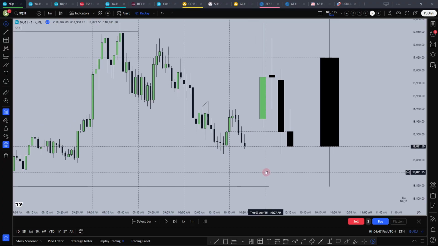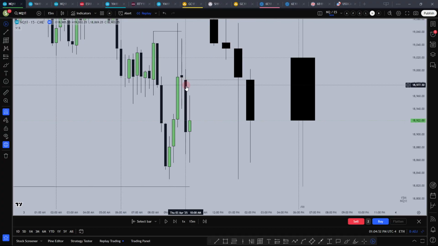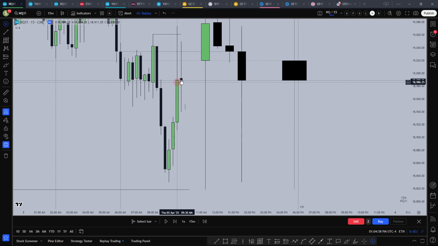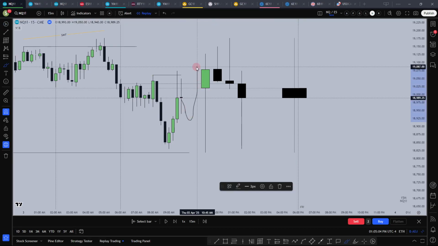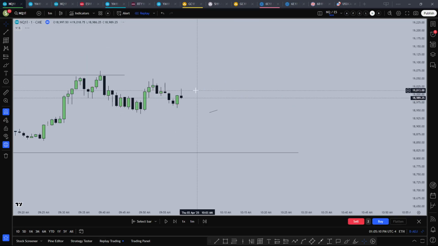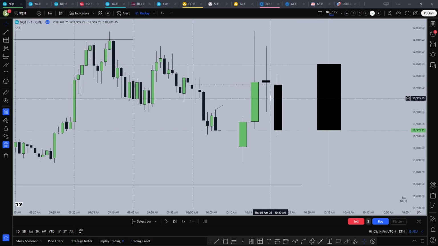I didn't take it because I wasn't convinced just based on the M15 structure that 10 a.m. should immediately move away. Before 10 a.m., price wasn't even moving much away from it. So I was thinking it could form bullish as well if it wants to. I was preferring bearish, but NQ wasn't showing me any displacement on the M15. So maybe that was the reason. I don't exactly remember.